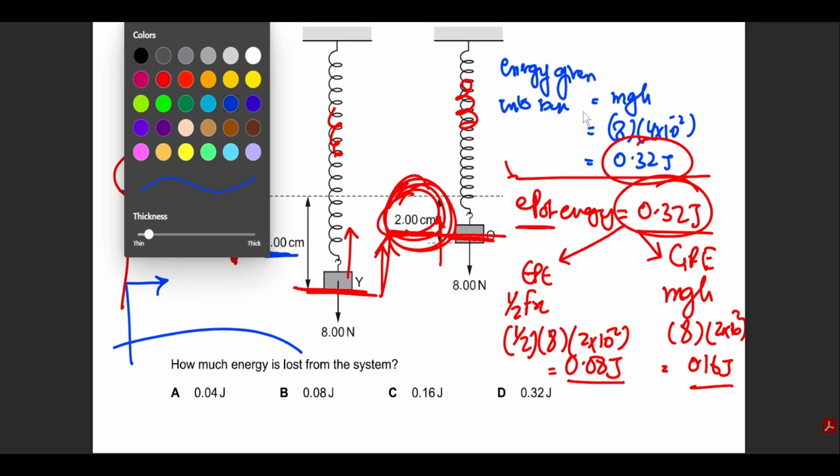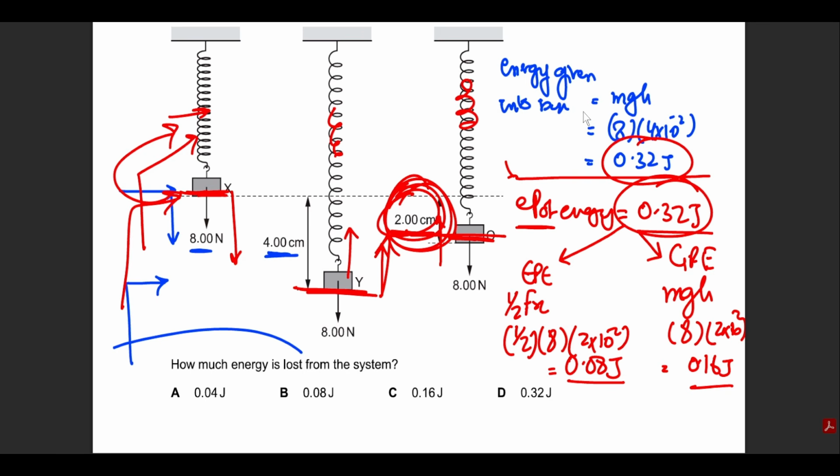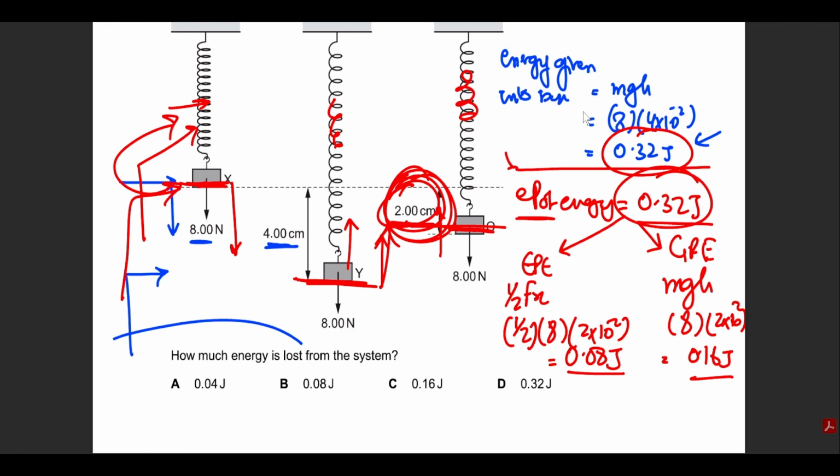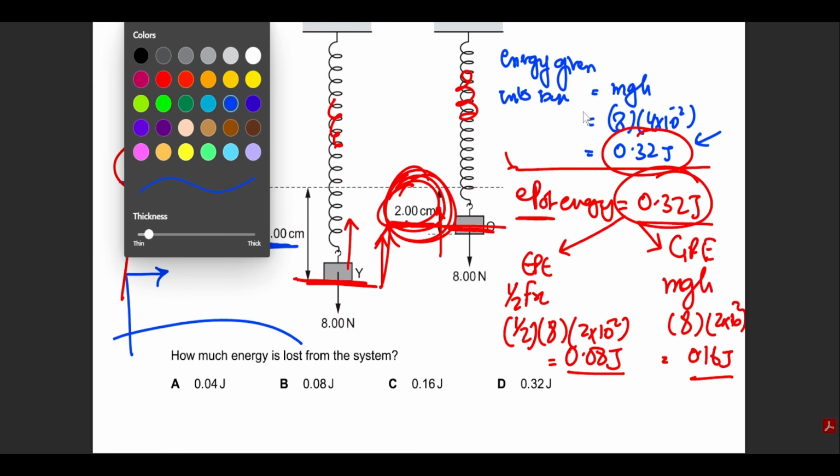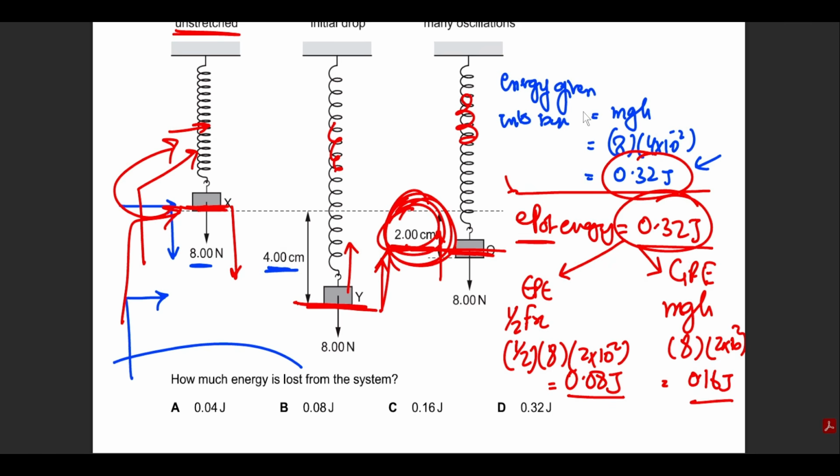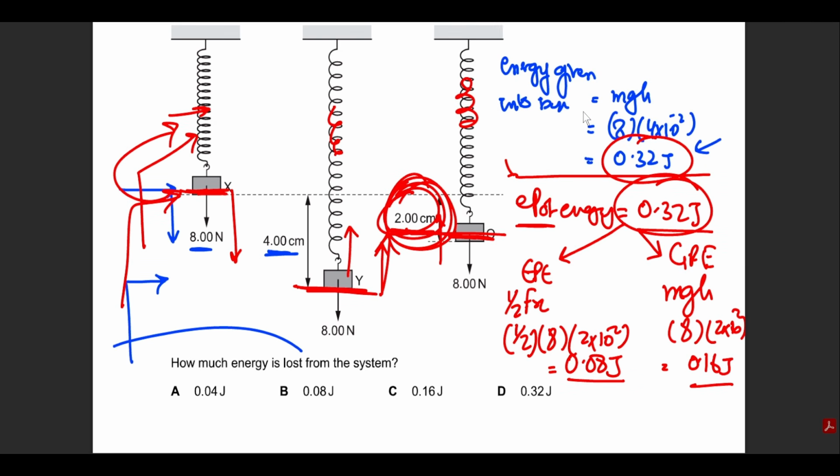So the idea is, the spring had 0.32 joules at the beginning. After many oscillations, when everything has settled down, what energy is still present in the system? Since the spring is stretched, it contains 0.08 joules of energy today. So the whole system started with 0.32 joules of energy.